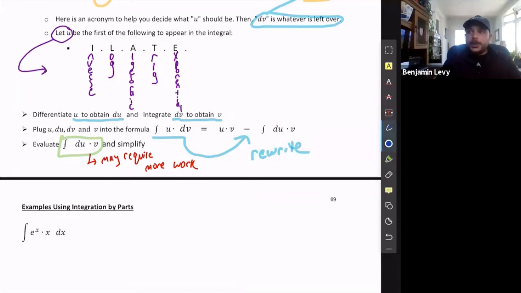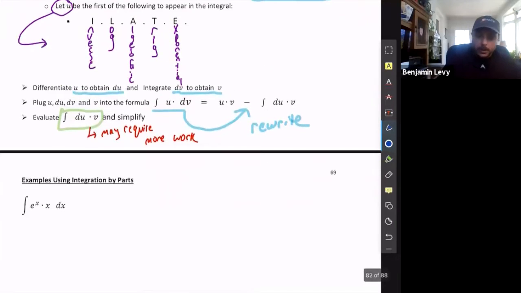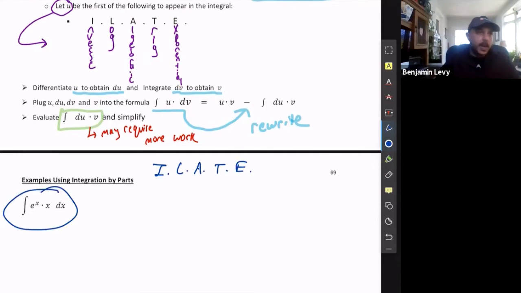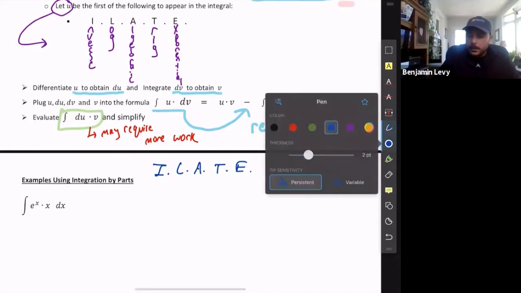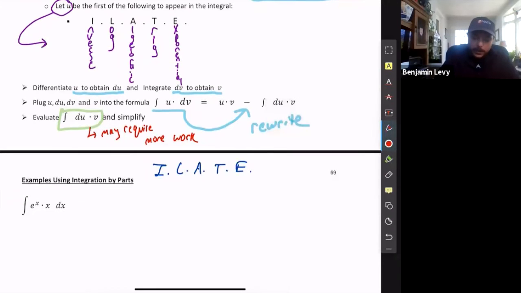All right, so as I just mentioned, choosing u is the big important part here, right? So on this first example, let me write down this acronym, I-L-A-T-E. We want to let u be whichever thing we have in there first. And looking at this example, I see an e to the x and an x. So is there an inverse? No. Is there a logarithm? No. Is there an algebraic?